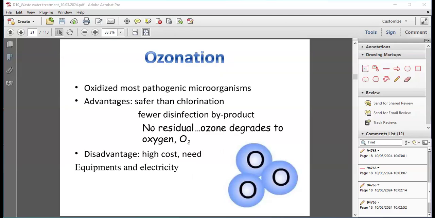Organizations like the UN have given warnings about the ozone layer hole. What's the effect on Earth? As I told you, harmful radiation penetrates into the Earth, and human beings and other living things are affected, and it causes some diseases.